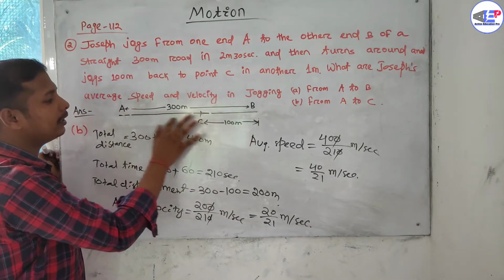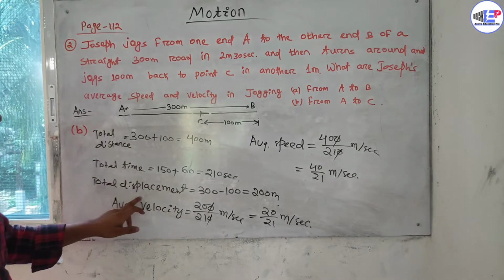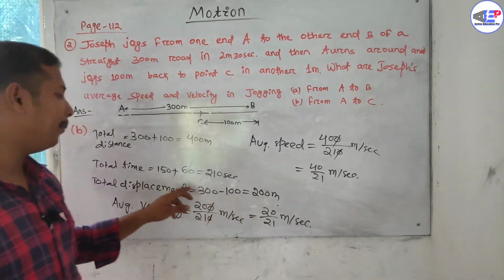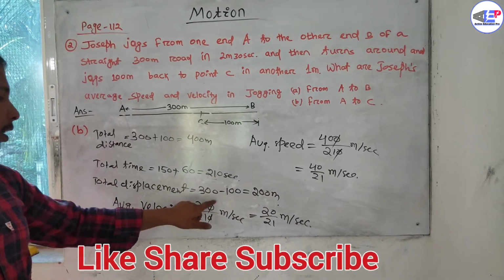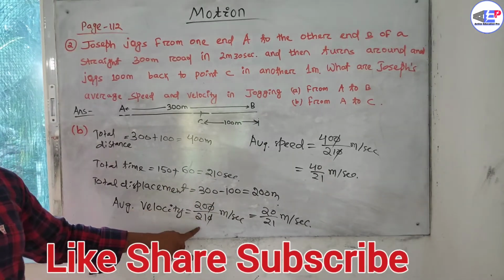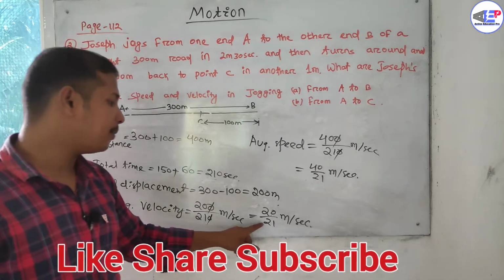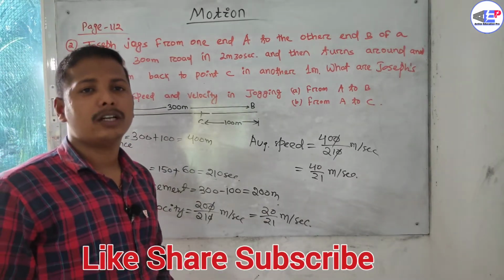This will give AC is 200 meter which is the total displacement, and total time is 210 second. So average velocity will be 200 meter by 210 second which gives 20 by 21 meter per second.